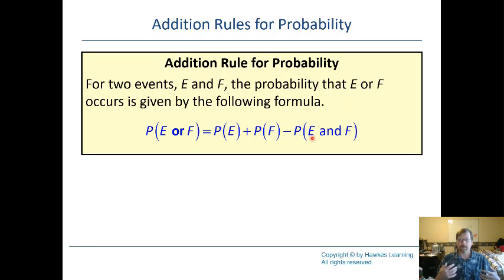So as you saw with the example where we didn't want to double count the two 3s, in that example we've got the probability that die 1 is a 3 and the probability that die 2 is a 3. We need to subtract off die 1 and die 2 both being a 3, so that we don't double count something.